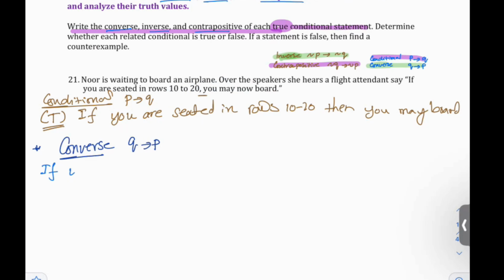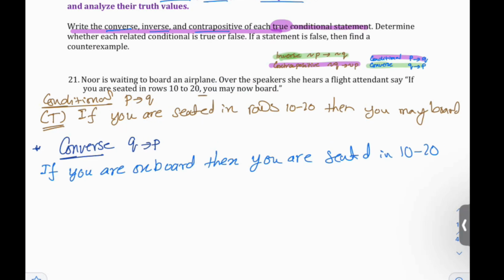If you are boarding, if you are on board, you can say that, then you are seated in rows 10 to 20. Let's check the truth value. Does it make sense according to the concept?